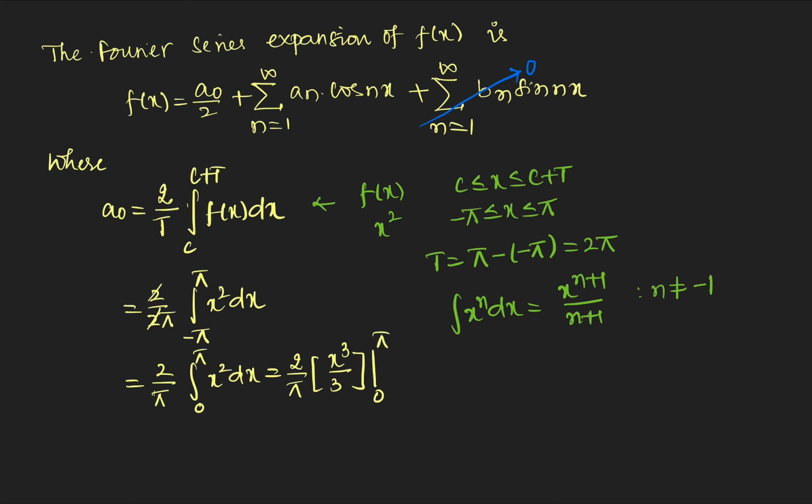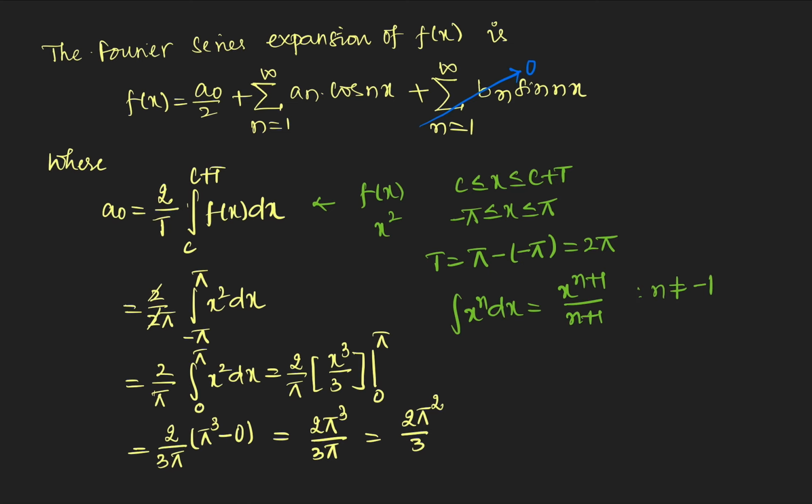Now replace x by π for the upper limit and subtract the lower limit. 2 is constant, 3 and π are constant, so 2/(3π). Replacing x by π, we get π³ - 0³, which is π³, so we get 2π³/(3π). π and π cancel, and we get 2π²/3.